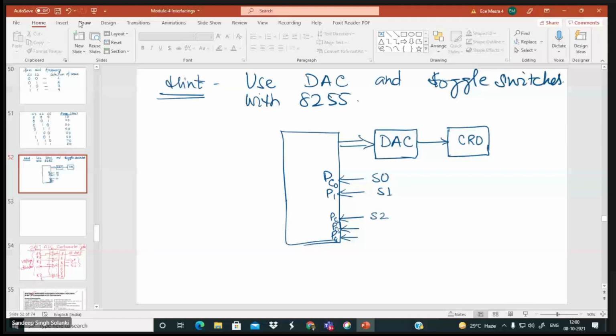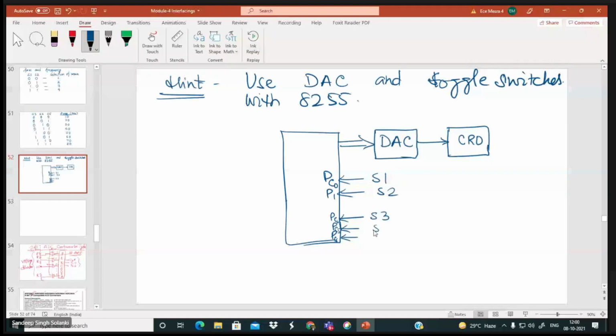S1, S2, S3, S4, S5. Okay, this is for frequency selection, and this is for waveform selection.